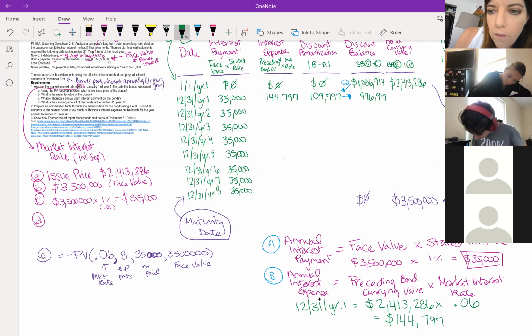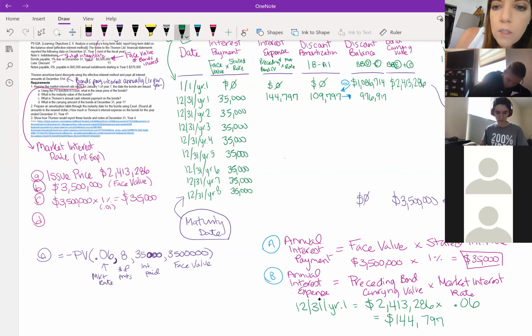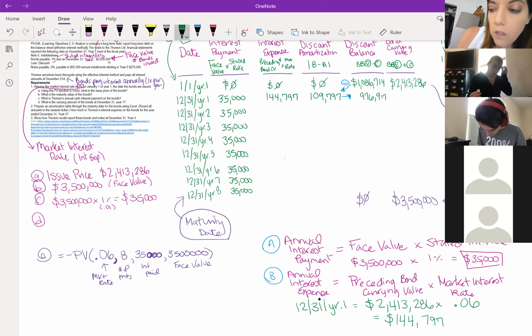The bond carrying value at the same time is slowly increasing because at maturity, it's going to equal face value. So 2,413,286 is my beginning bond carrying value for the period, plus 109,797, the amount of amortization, that bond discount that I took.